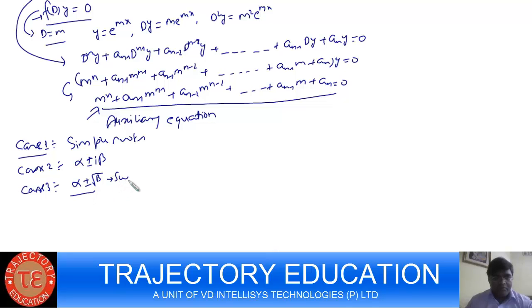It will be in the form of surds, you call it surds, or you call it complex roots. So let's discuss one by one these three cases: when the roots are simple roots, when the roots are complex roots, and when the roots are surds. What happens when you have surd?